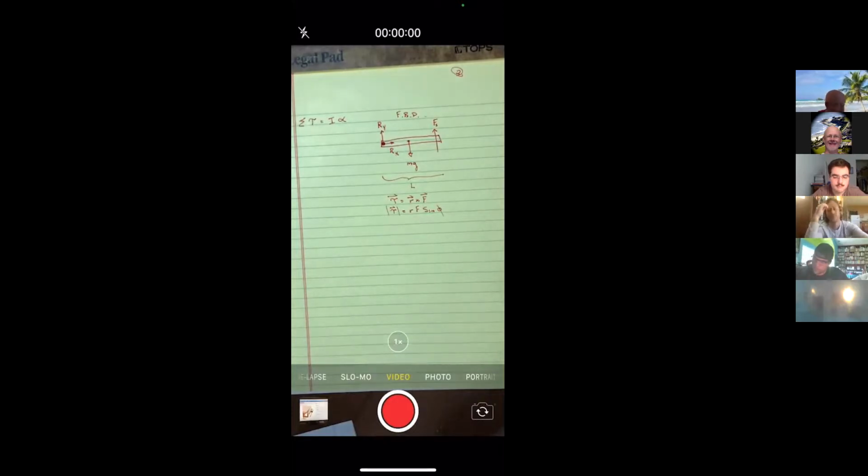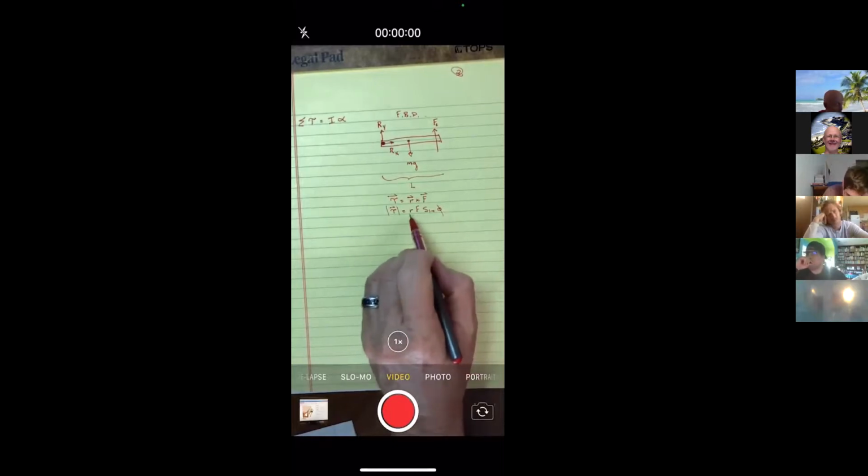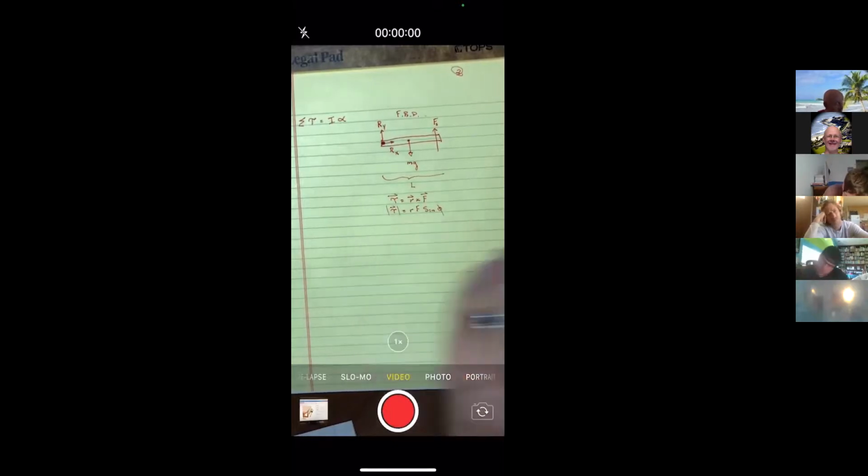I'm going to use a theta real soon, so I want to call that a phi. Sometimes phi and theta can be the same thing, sometimes they can be different depending on what we mean by them. But this angle, whatever we call it, is the angle between these two.